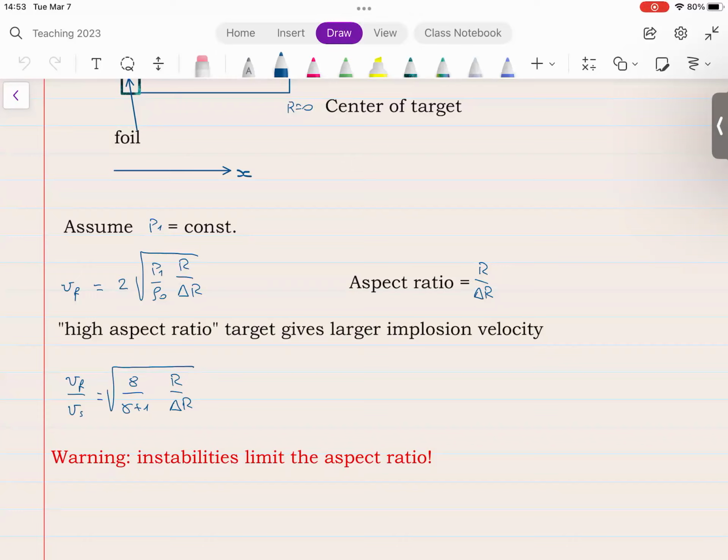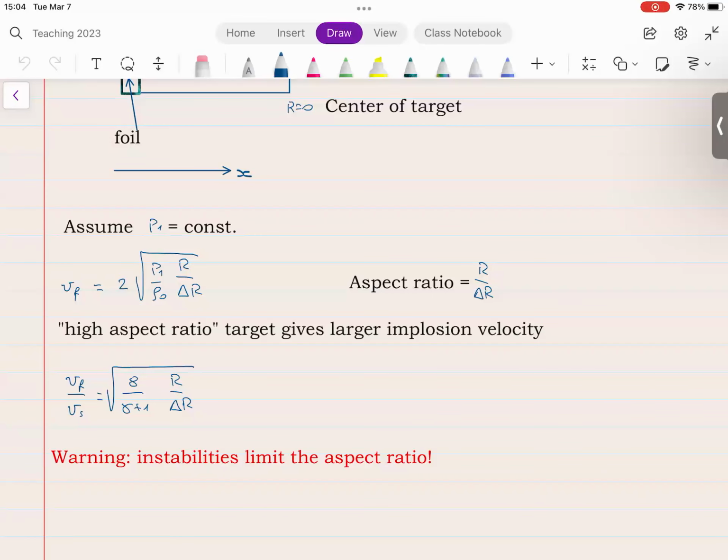Now, the next thing we're going to look at is to get a little bit deeper into the ablation phase. Well, actually, I should have called that the ablation process rather than the ablation phase. But let's talk a little bit about this process.